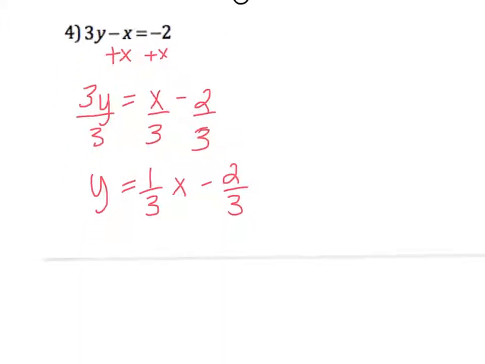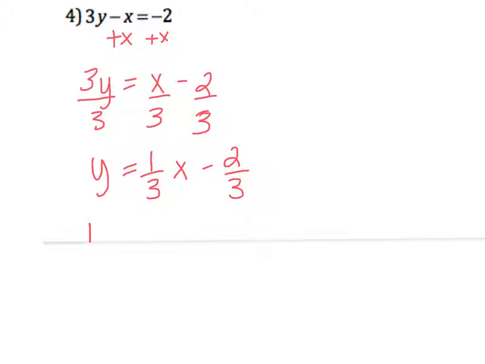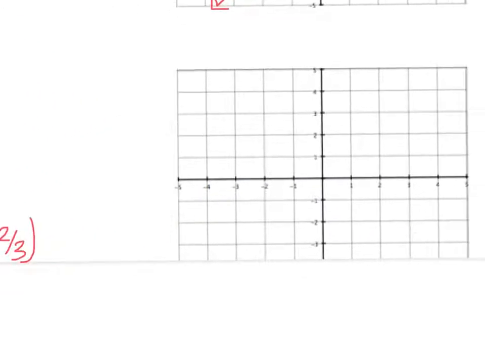Okay, so here our slope is going to be 1/3, and our y-intercept is going to be at 0, negative 2/3. Now this is kind of a gross y-intercept, but we're going to do our best here. So negative 2/3 is less than 1, so it's in between 0 and 1, so I'm just going to estimate, and it's about there.